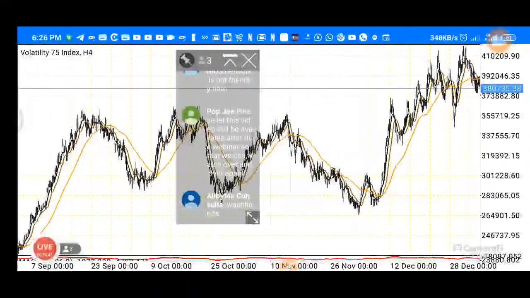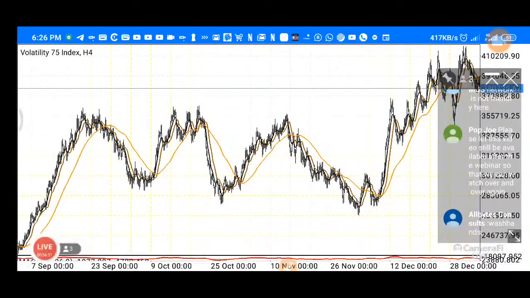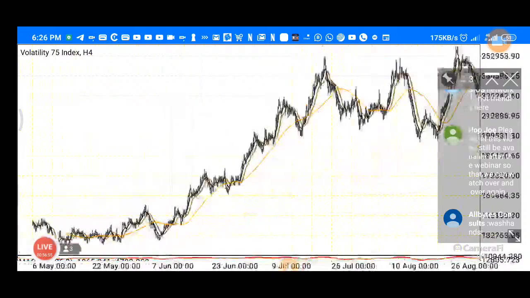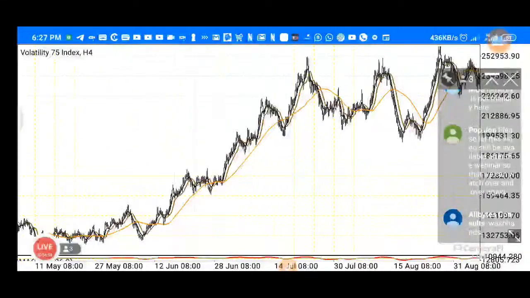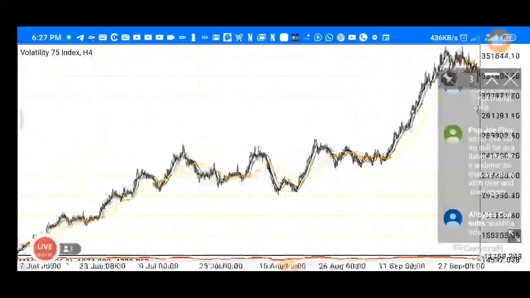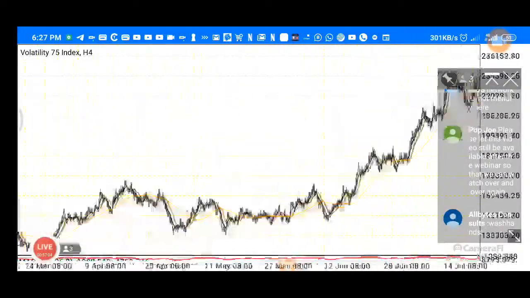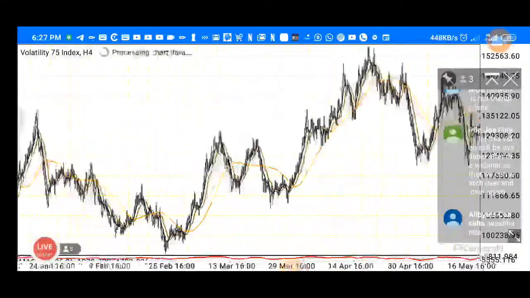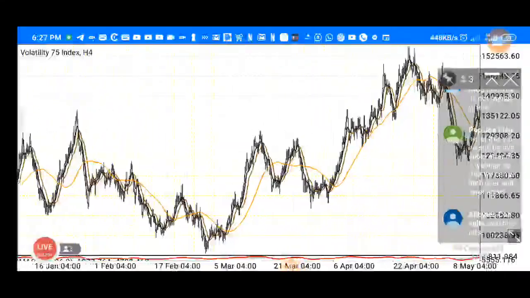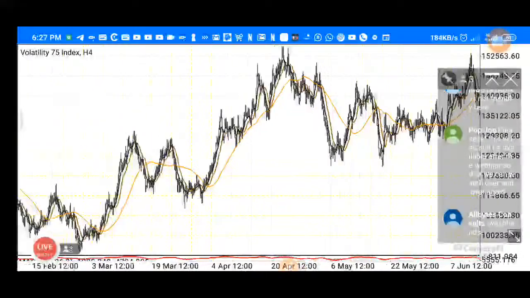So the chart is still loading. Okay, so let me use this level.